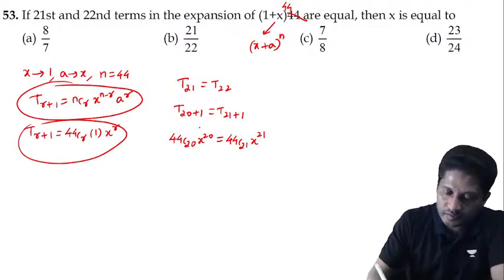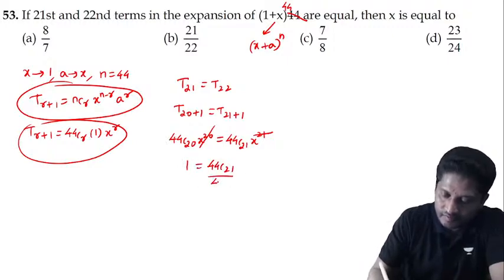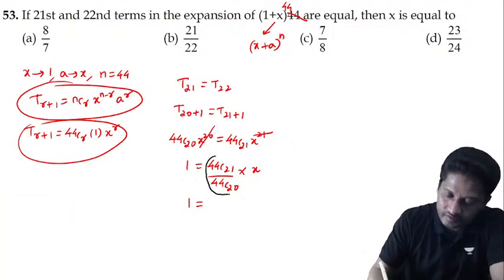Alright, now this x power 20 will cancel with x power 21. So x is left out. I can write 1 is equal to 44C21 divided by 44C20, into x. So here I am going to use this result.